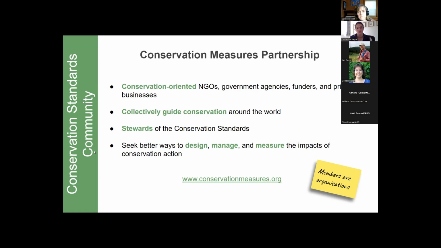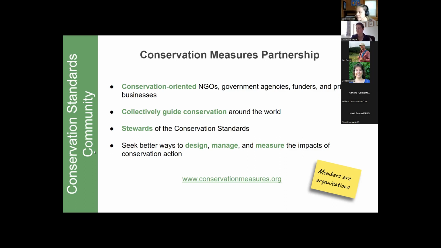We're constantly bringing in and developing new guidance around integrating climate change, or thinking about diversity, equity, inclusion, and justice. How do we bring that into our conservation projects and into the conservation standards toolkit? How do we think about nature-based solutions or interactions with other large frameworks within the conservation sphere, like the Science Based Targets Network, things like that?